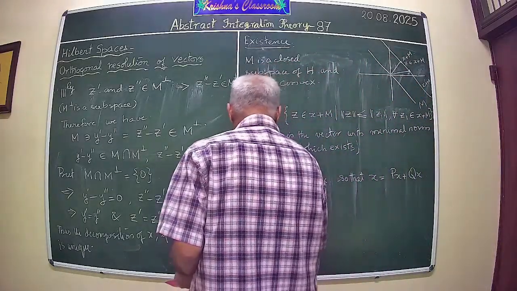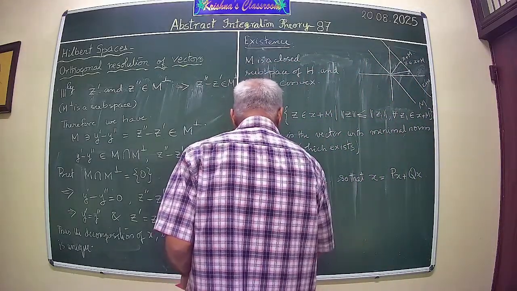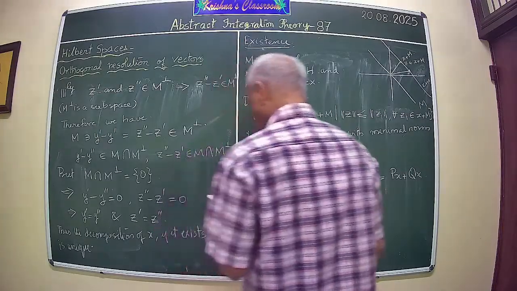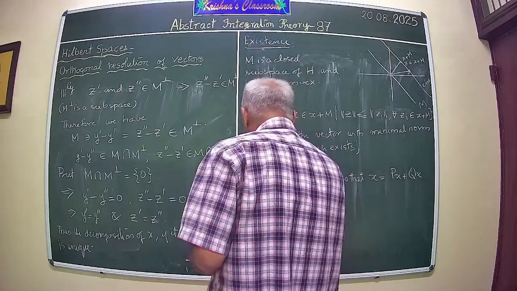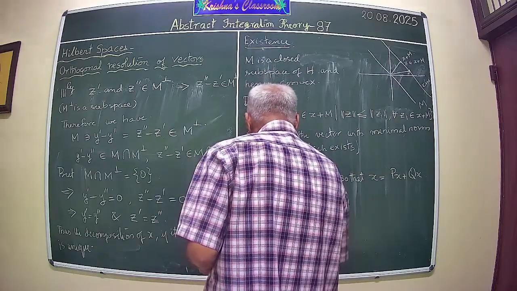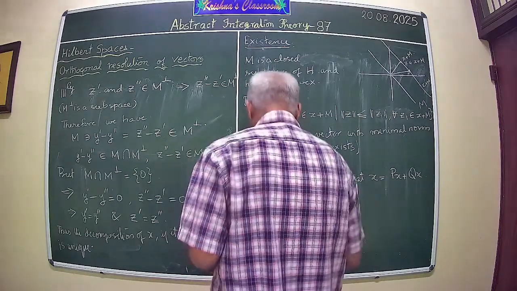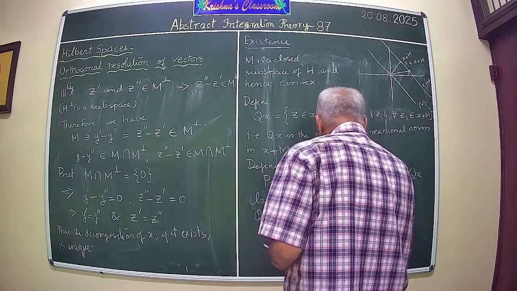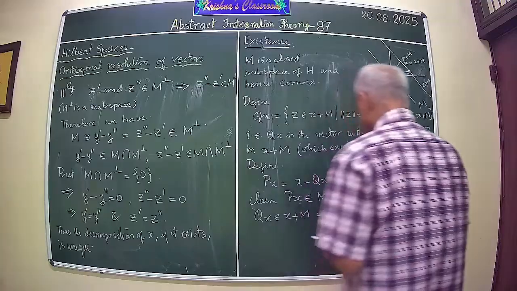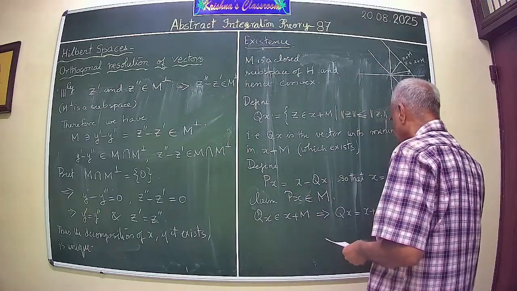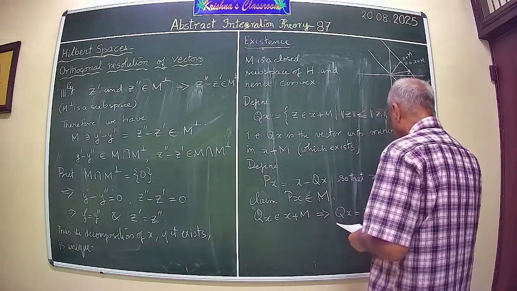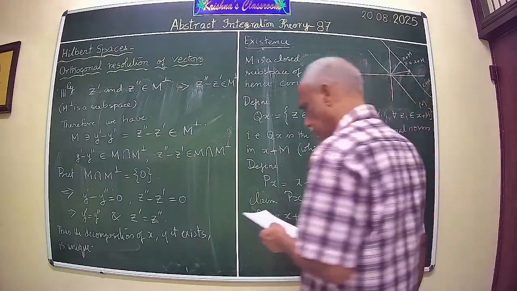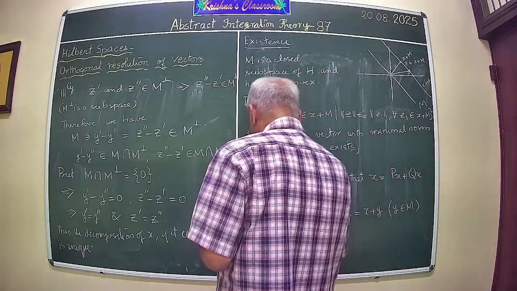Now we claim for Qx belongs to X plus M, Qx equal to x plus y for some y belonging to M, which implies what?